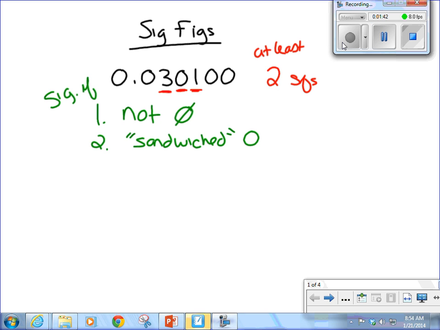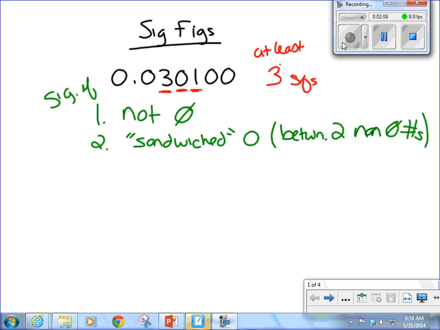If it's a 0 between 2 non-zero numbers, it is significant. So I now have 1, 2, 3. I do not have 2 sig figs. I guess I can erase it since I'm on a smartboard. I have at least 3 sig figs, maybe more.